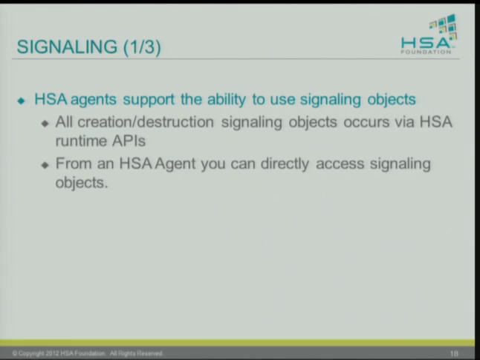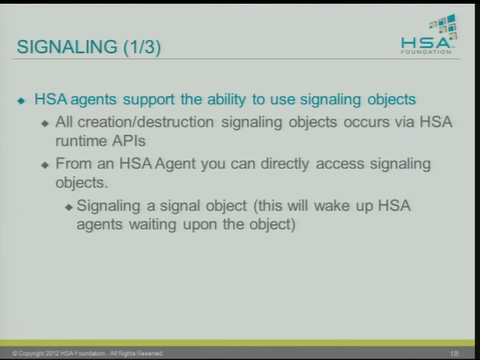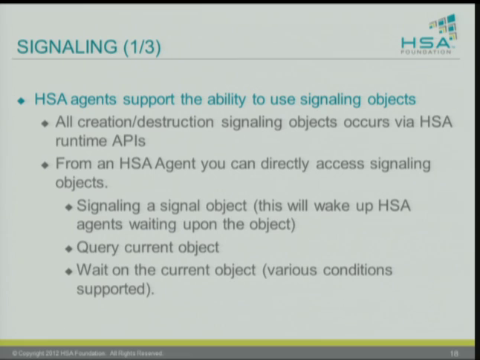You create a signaling object through the HSA runtime, and then you can directly access it straight from your user mode code. For example, you can signal a signaling object from user mode code, which will wake up anyone in the system that's waiting on it. You can query an object to see its state, and you can wait on an object. So if you want to go to sleep until a flag gets set, you can wait on that flag.